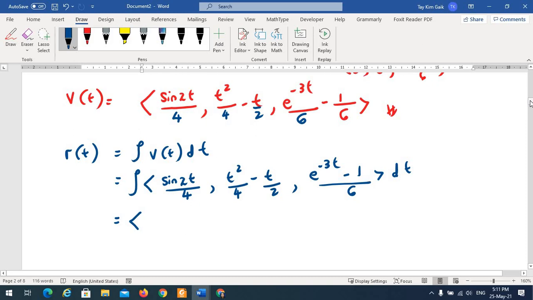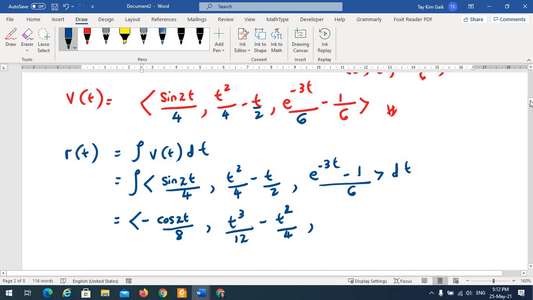So integrate sin 2t, you have negative cos 2t, divide by 2 and divide by 4, so total is divide by 8. So negative cos 2t over 8 at component i, and then integrate t squared over 4, have t cubed, so divide by 3, so 4 times 3 is 12. Integrate t is t squared divided by 2, already have 2, so total is over 4 for component j.